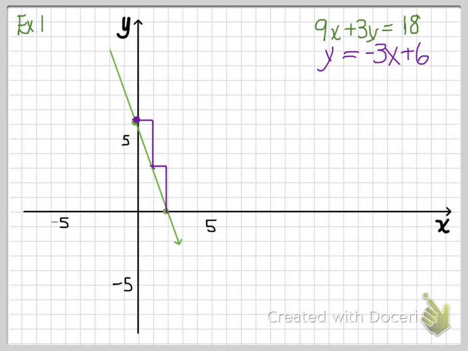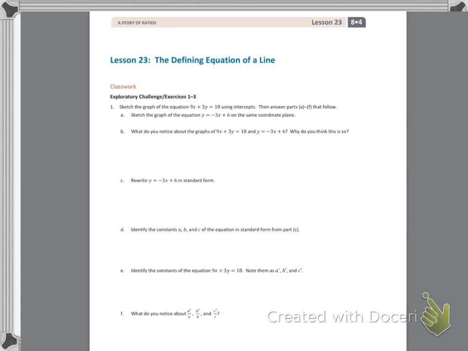So what we're finding is that these two equations actually graph as the same line. So we say they define the same line.